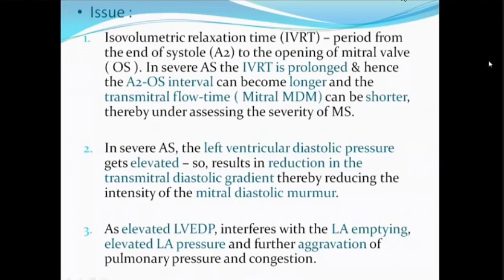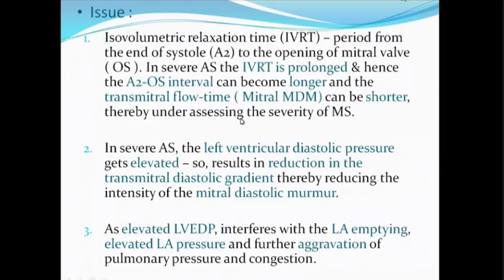That's why, if mitral stenosis is present with significant aortic stenosis, under-assessment of the severity of mitral stenosis is possible, because it affects the IVRT and transmitral gradient. So we can't properly assess it by the A2-OS interval or the mitral mid-diastolic murmur.